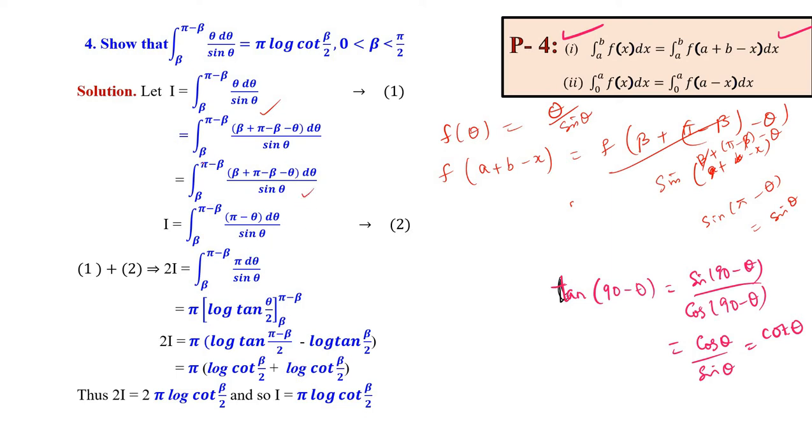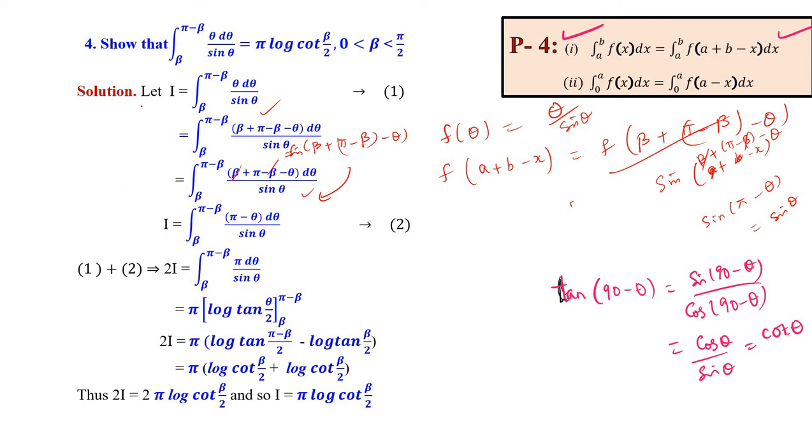So integral beta to pi minus beta, beta plus pi minus beta minus theta, which is the same as sine theta. In the numerator we can cancel that beta, so we are left with pi minus theta d theta by sine theta.